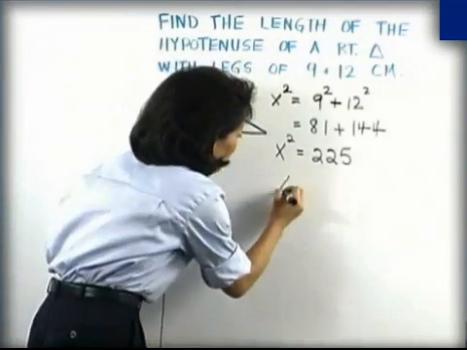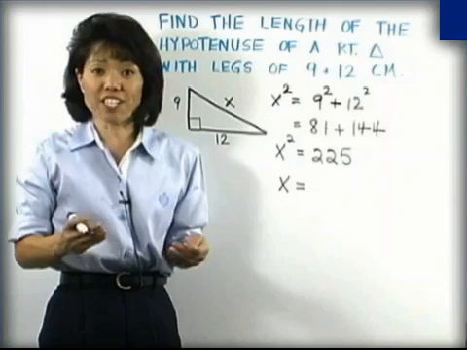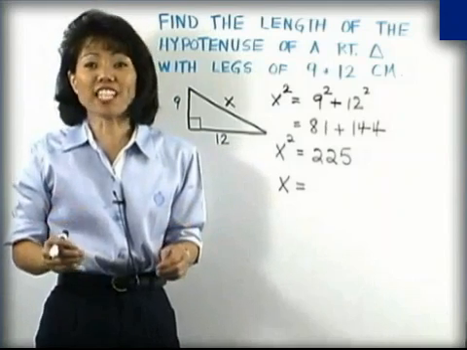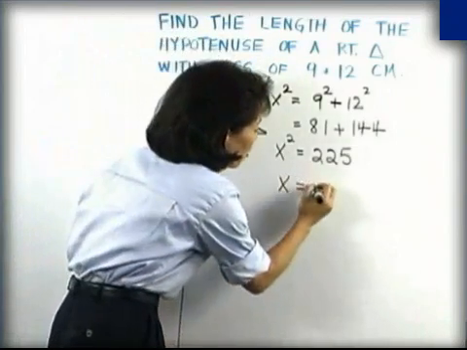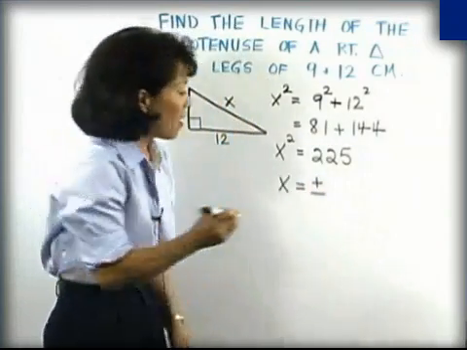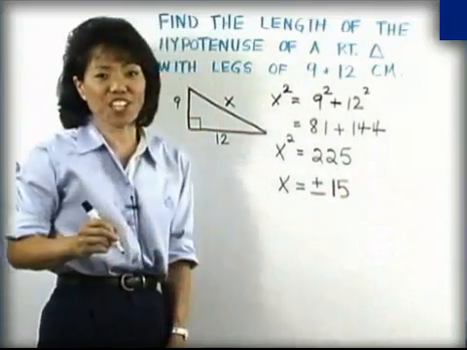Now, if we were going to be real honest, we would have to also include negative 15, because 15 times negative 15 is also positive 225. So we'll show that as plus or minus, meaning it could be positive 15 or negative 15.